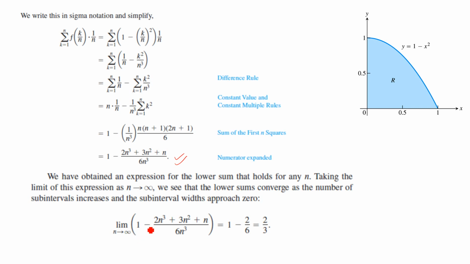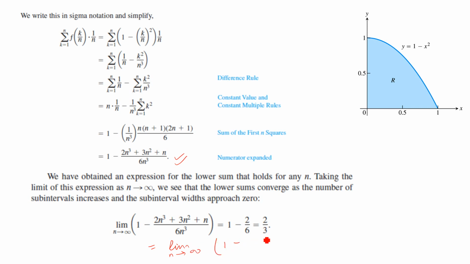So limit n approaches infinity, 1 minus (2n cube plus 3n square plus n) divided by 6n cube. We can solve it, and you have learned this method while solving the questions for limit in calculus 1.